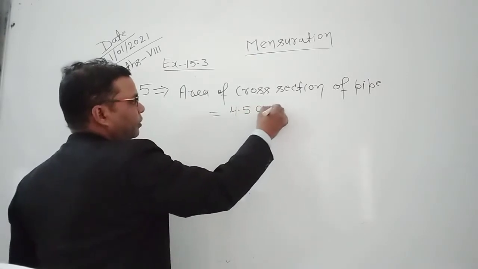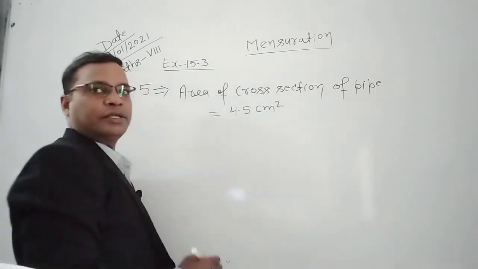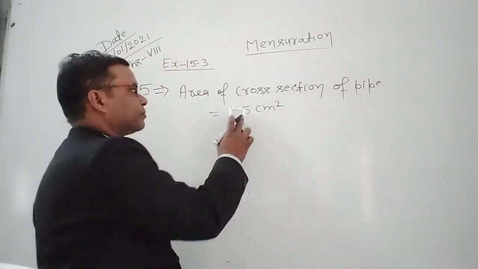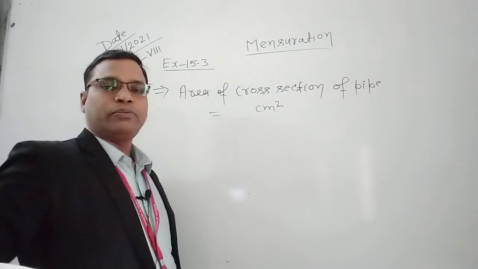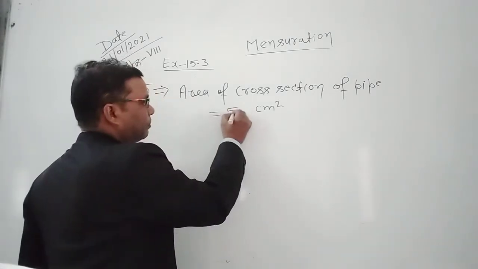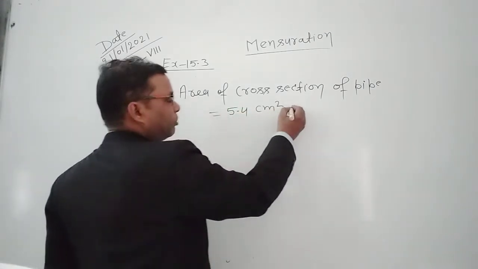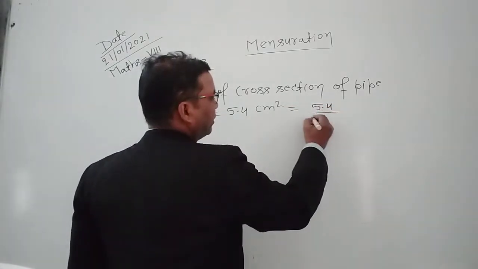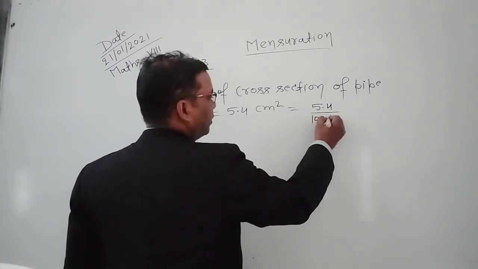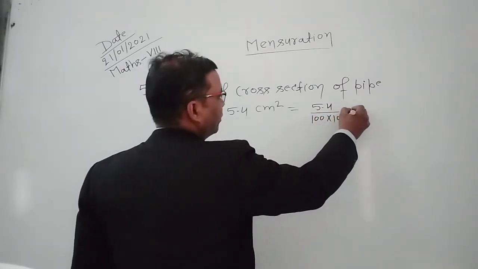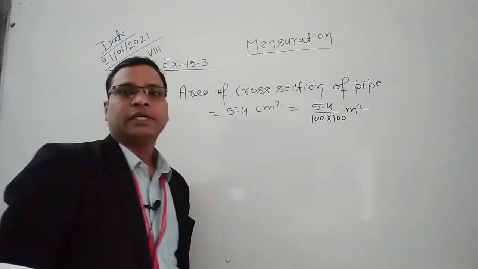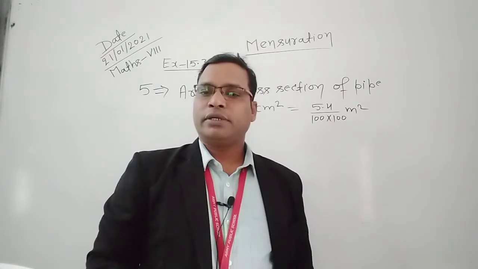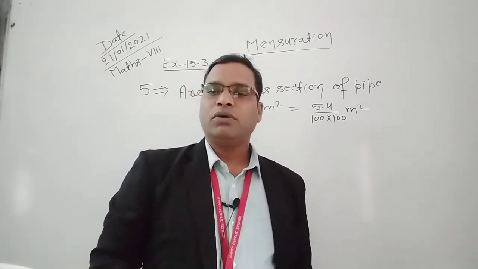This is given 5.4 centimeter square. If you change it to meter, then you get 5.4 by 100 into 100 meter square. This is clear. After this, we write the length of water which flows out of pipe in 1 minute.